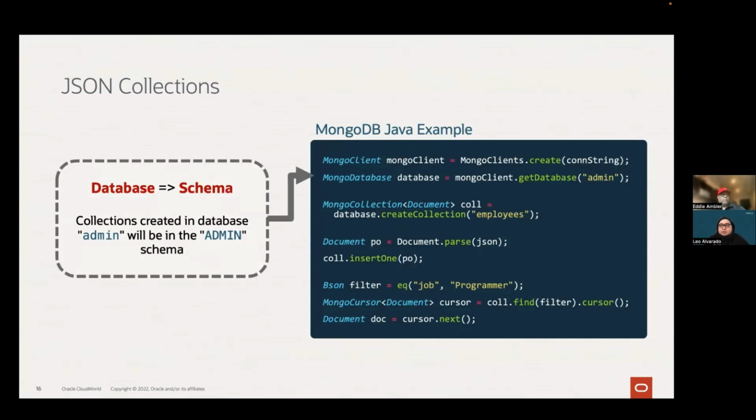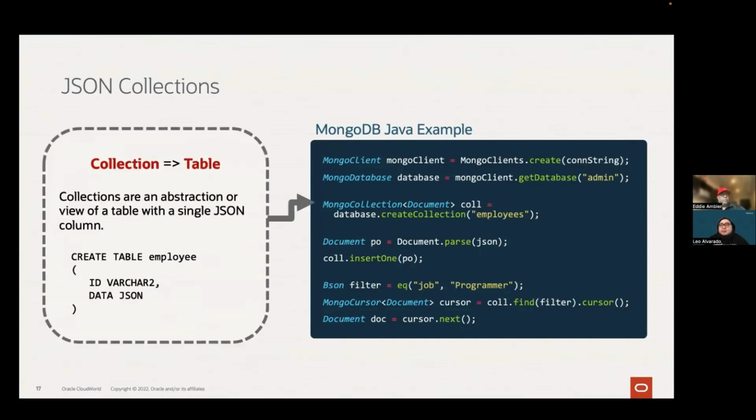So as you can see here, your collections created in the database named admin will be in the admin schema. Now, collections are an abstraction or view of a table with a single JSON column.